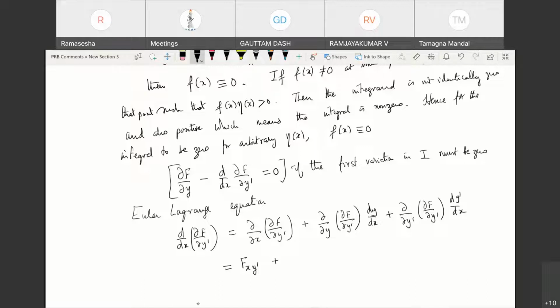Okay, so for the Euler-Lagrange equation, just change the sign.